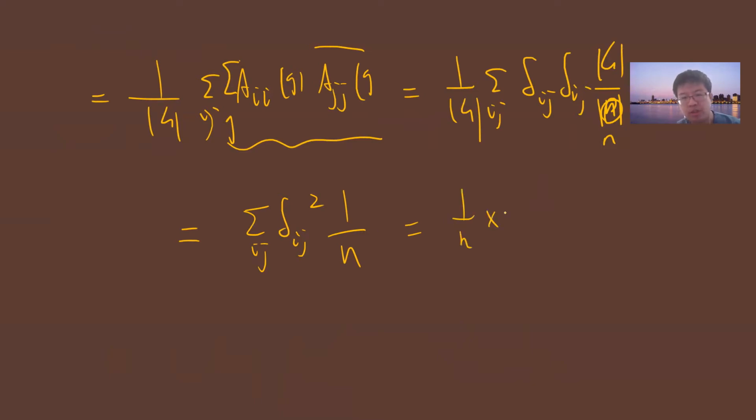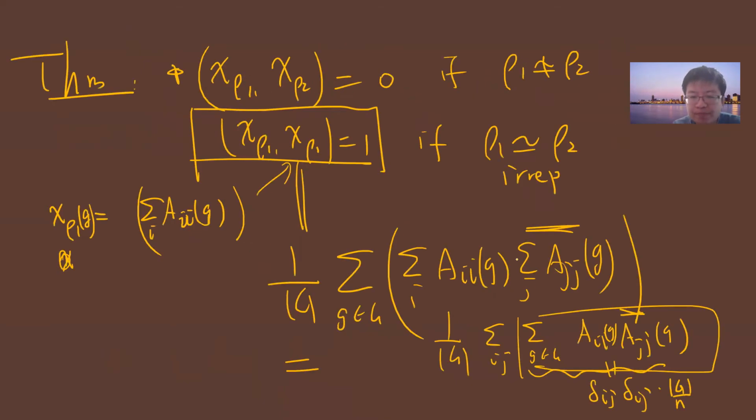So it's 1 over N times N, which is 1, because i goes from 1 to N, where N is the dimension of the irreducible representation. So we proved this. You can use the same orthogonality relation to prove the other case. Now it's trivial because A is not the same as B. It becomes 0.